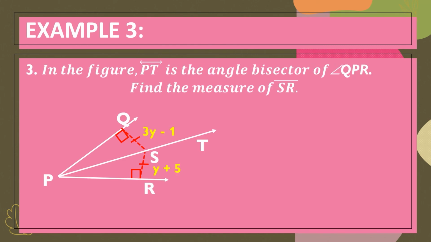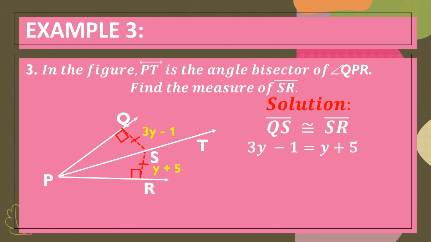Example number 3. In the figure, line PT is the angle bisector of angle QPR. Find the measure of segment SR. By applying the angle bisector theorem, we have segment QS is congruent to segment SR. Substituting the given, segment QS is 3y minus 1 and segment SR is y plus 5.